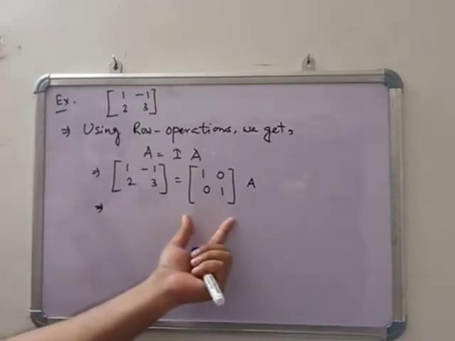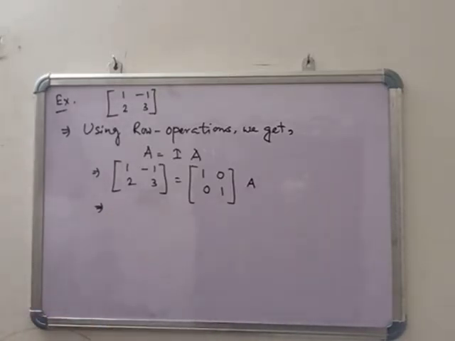Then we get I equals BA, and B is the inverse of the matrix.